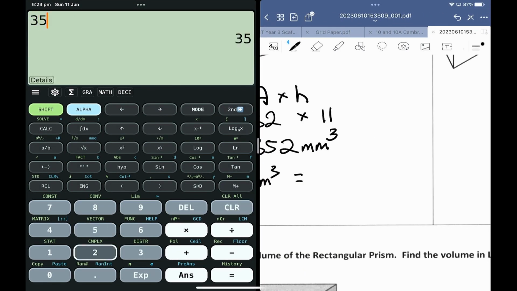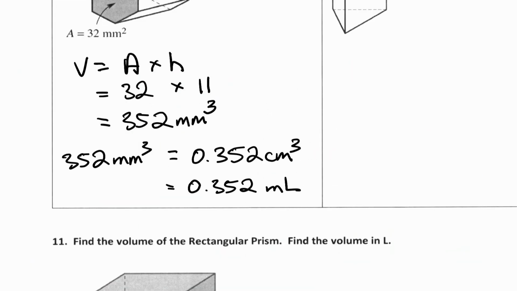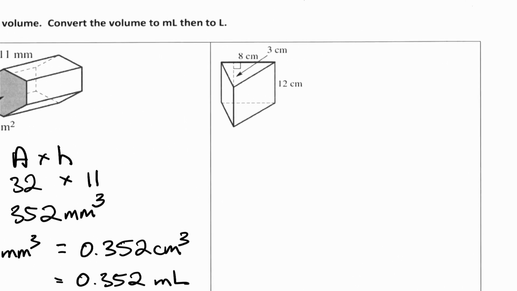So 352 millimeters cubed divided by 10 cubed gives us 0.352 centimeters cubed, which is the same as 0.352 milliliters. All right, moving on to the next question.